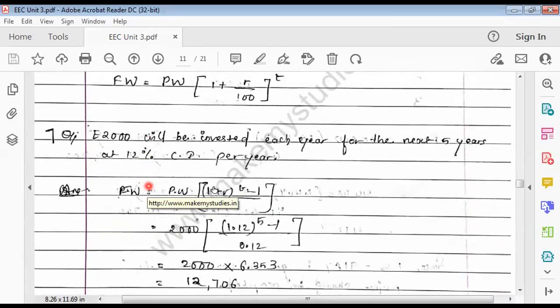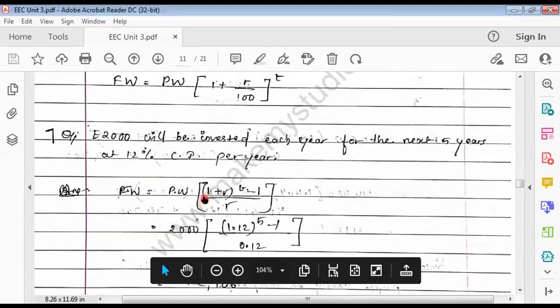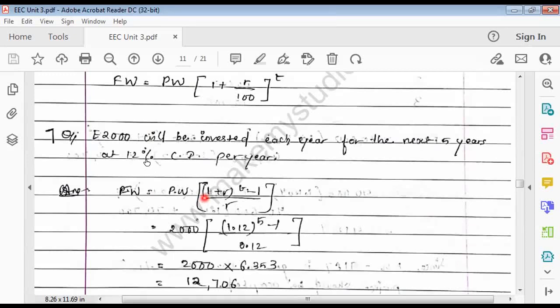And this formula is for annuities. Hope you remember annuities. What is an annuity example? You'll find in this question, it says rupees 2000 will be invested each year for the next 5 years. What do you understand from this? Not a single 2000 rupees, rather a series of 2000 rupees spanning a period of 5 years is being invested.